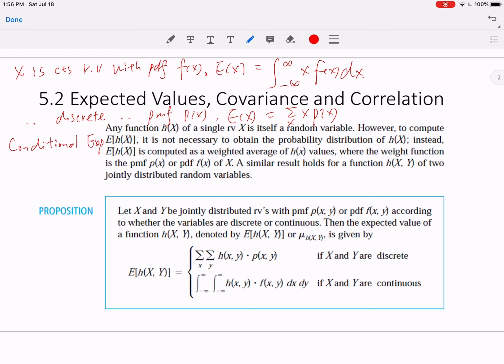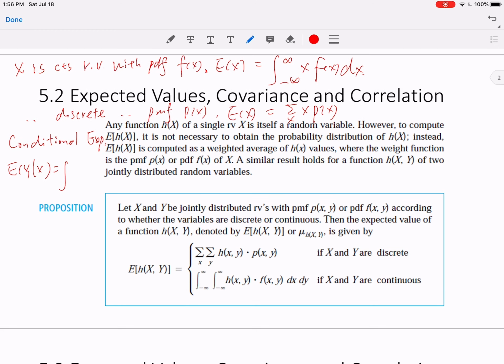And for the conditional expectation, we have E of Y given X, which would be equal to the integration from negative infinity to positive infinity of y times the conditional PDF of Y given X, and then dy, of course. The reason we use y here is because Y is the random variable here, X is given.